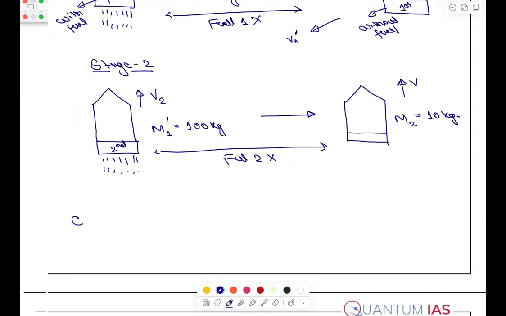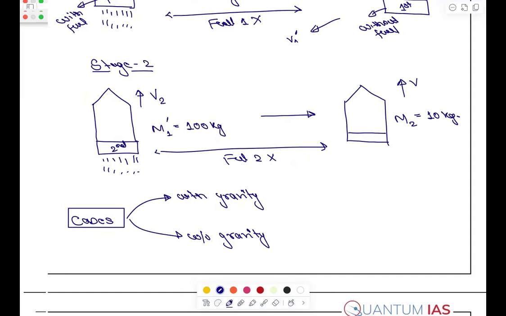I have to teach you one more thing, that for rocket motion you have to study two cases. One is with gravity, where we have to consider gravity, and one is without gravity. Now without gravity no rocket motion is possible, you know that, right? Everything is happening within gravity. But which case we have to consider?